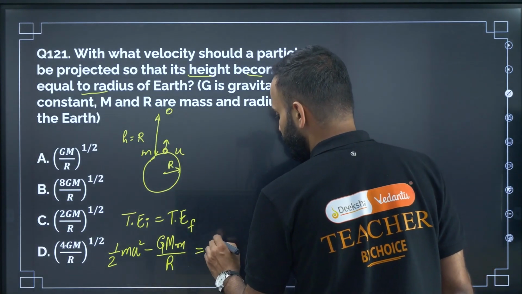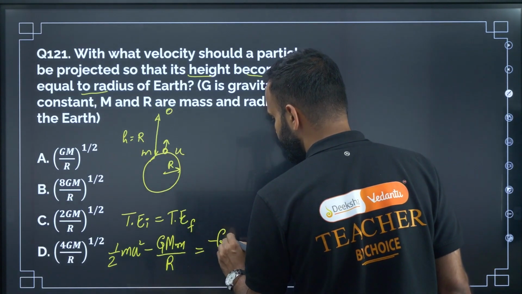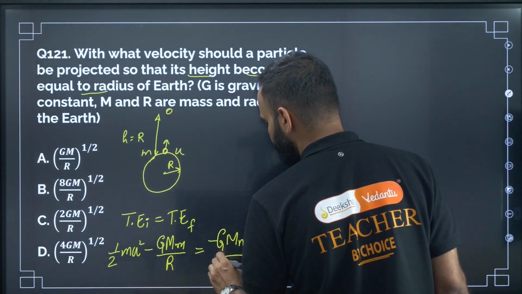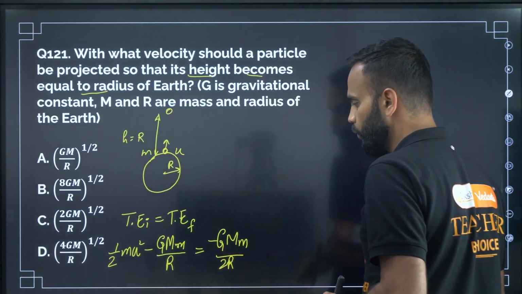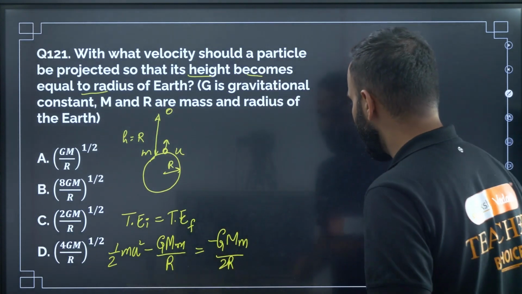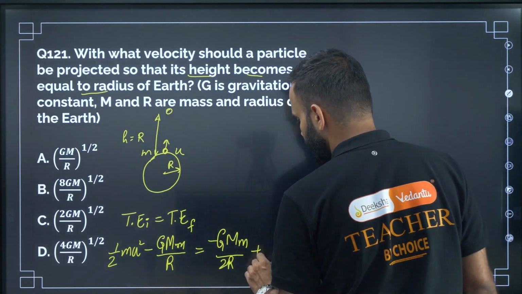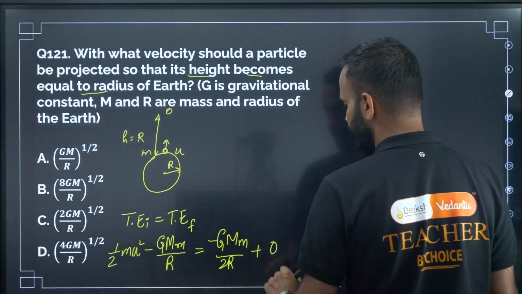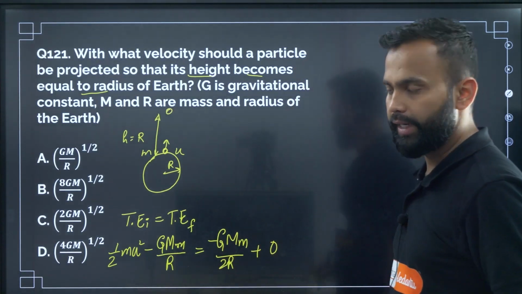Here final potential energy of the particle is minus G M m divided by 2r, plus kinetic energy of the particle, that is 0.